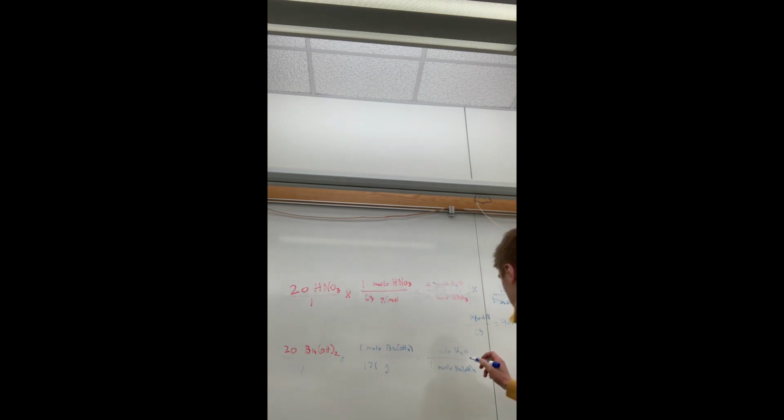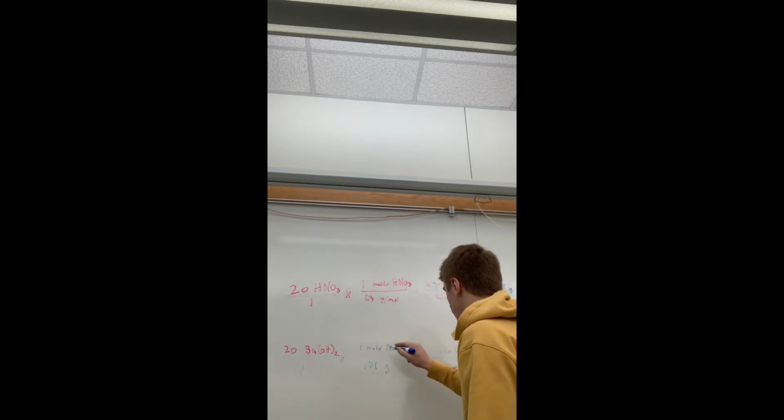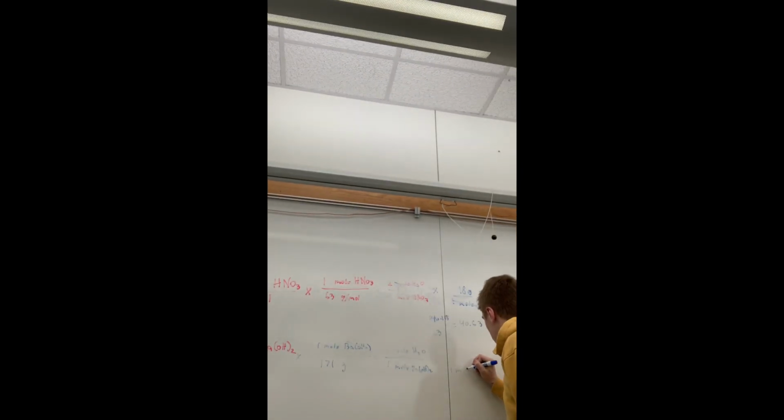So then we can cross off the moles of Ba. Then what we're going to do is go times 1 mole of H2O, and as we did before, that is 18 grams. So we can cross off that. Then we've got to do the math for it.